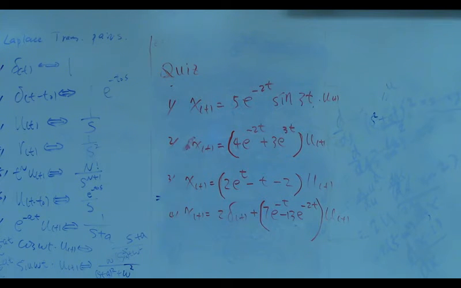You don't replace this one because this means you multiply this with some signal. It's not 2 over S.